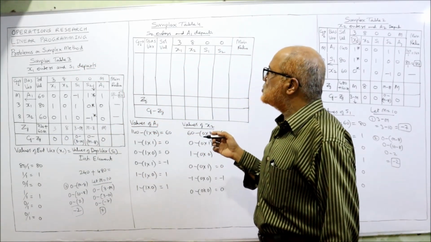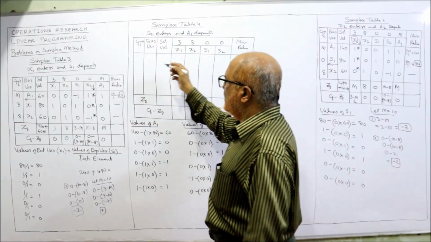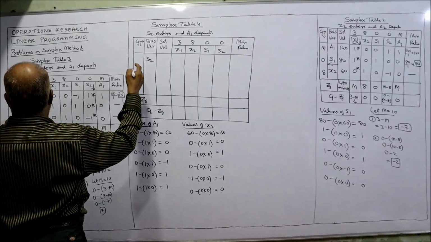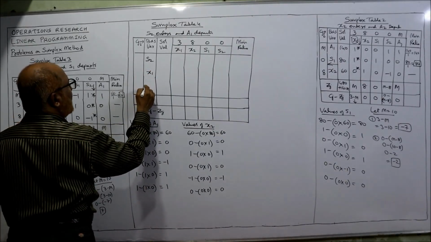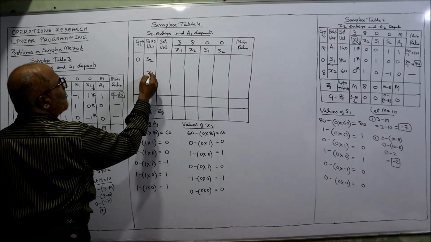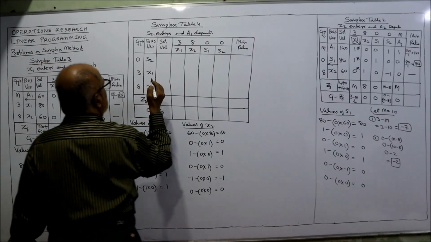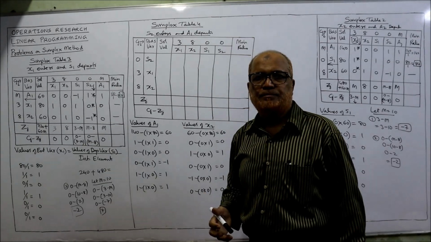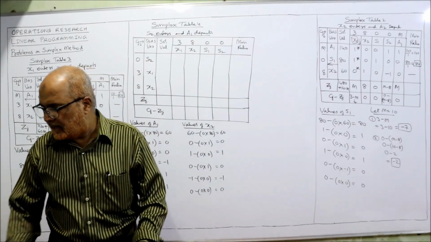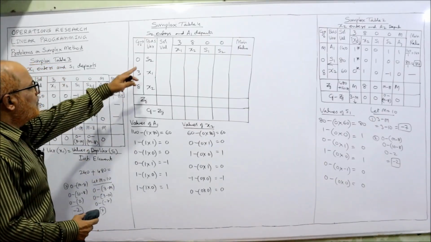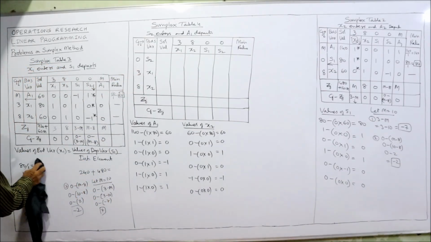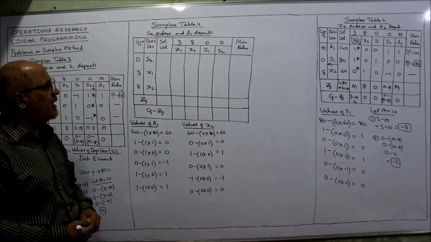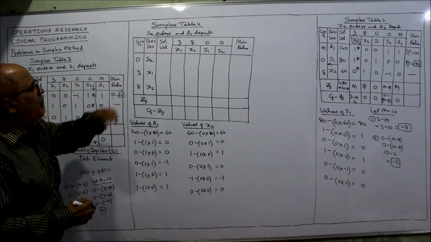So now we take the values here. In place of A1 we will take S2, and X1 as it is and X2 as it is. So 0, 3, 8. Right? Now we need to calculate the values of the entering variable. Already we know the formula for the entering variable: the departing variable row divided by the intersectional element. So the departing variable is A1.